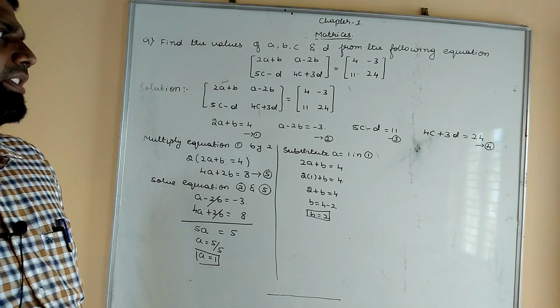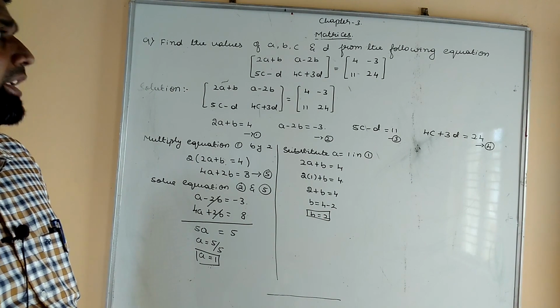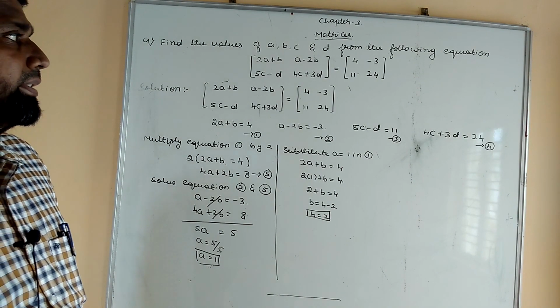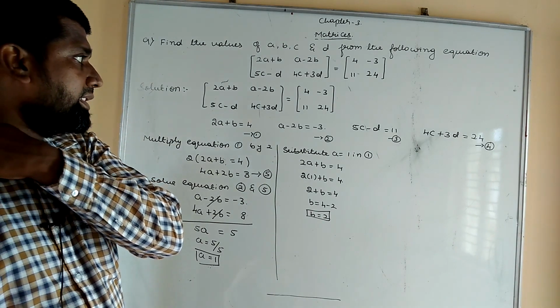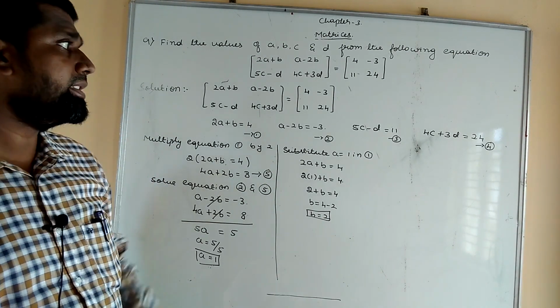Let us solve equations 3 and 4. Before solving, check whether the variables are equal or not. If they are not equal, first make one of the variables equal in both equations.